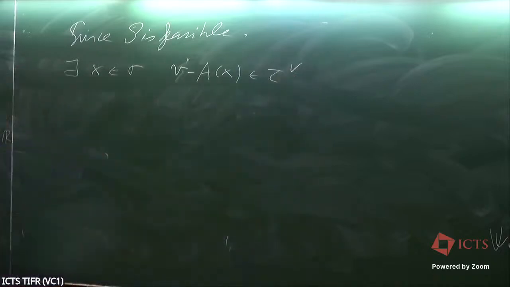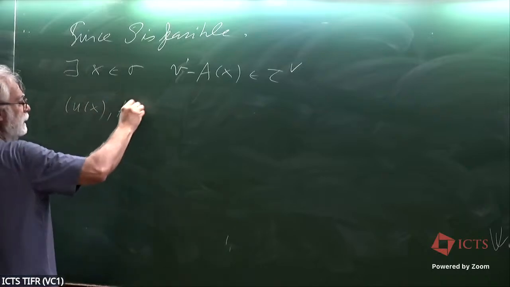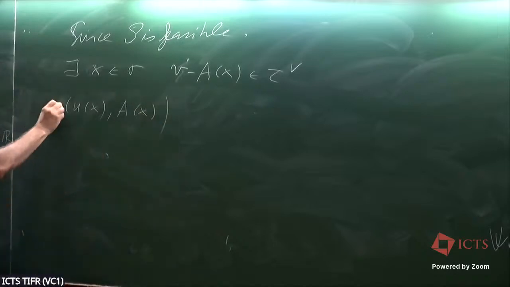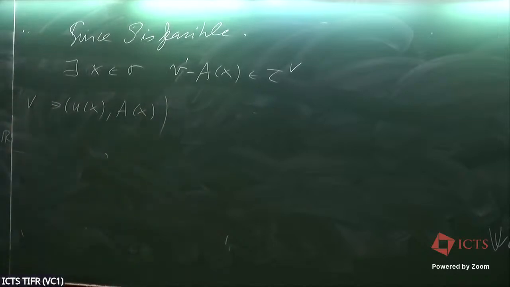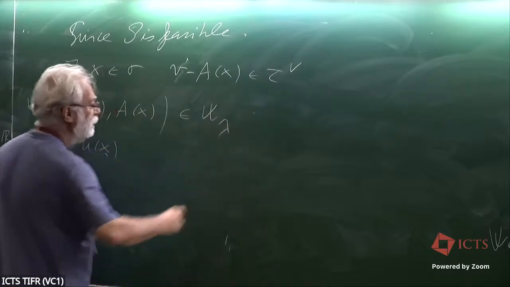Okay? But then this means that if I look at the point U of X and A of X, which is an element in B, but I take now lambda to be any number which is smaller or equal than U of X, then this will also belong to W lambda.